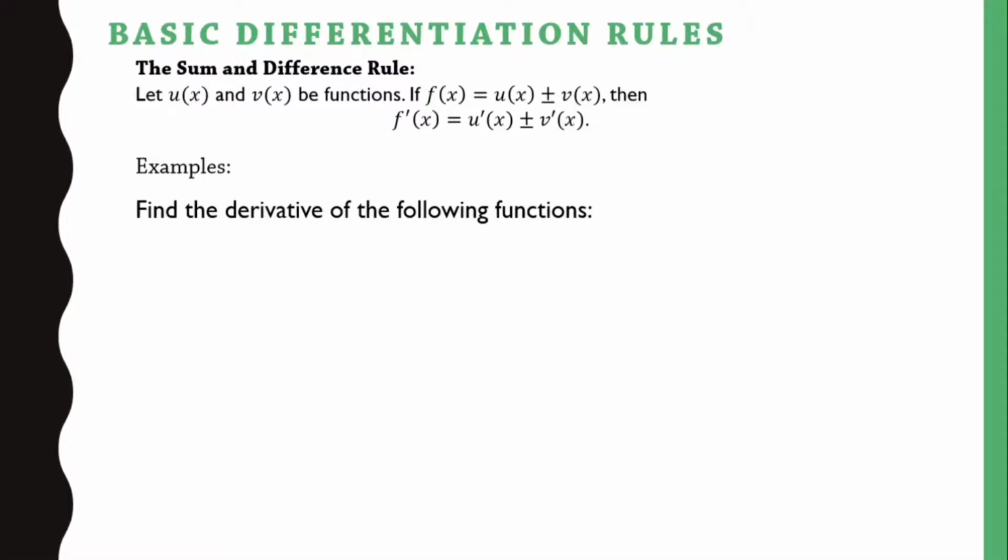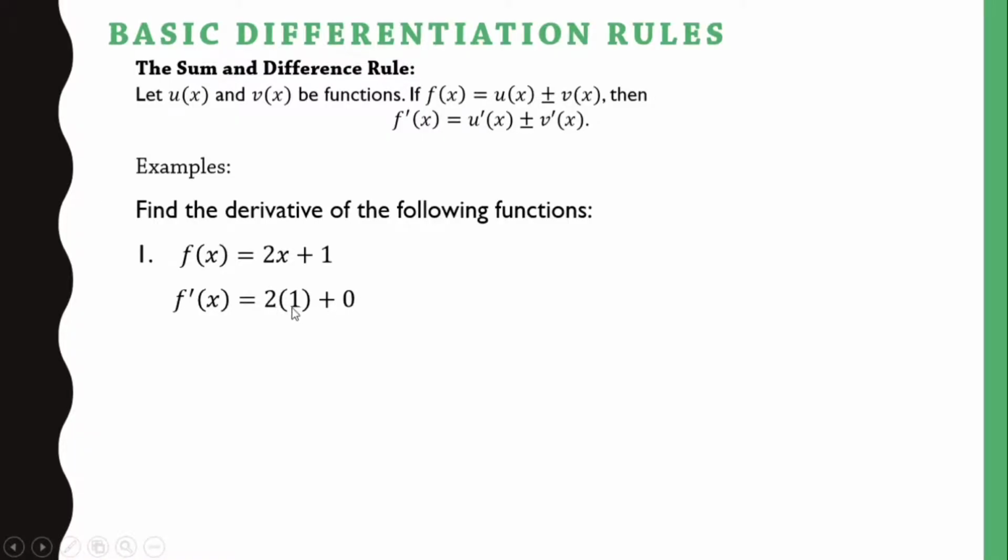Find the derivative of the following functions. Number 1, f of x equals 2x plus 1. To get the derivative, we take the derivative of 2x and 1 separately. The derivative of 2x using the constant multiple rule is 2 times the derivative of x, which is 1, plus, take the derivative of 1 using the constant rule, that is 0.